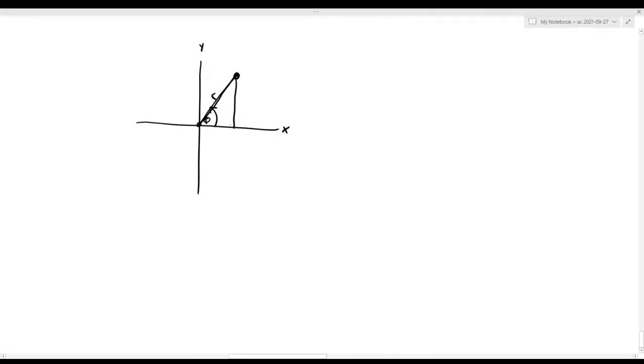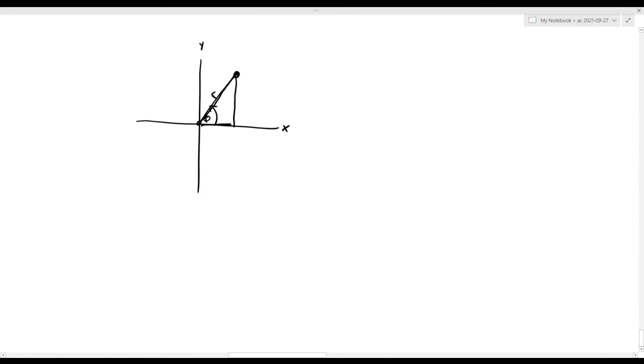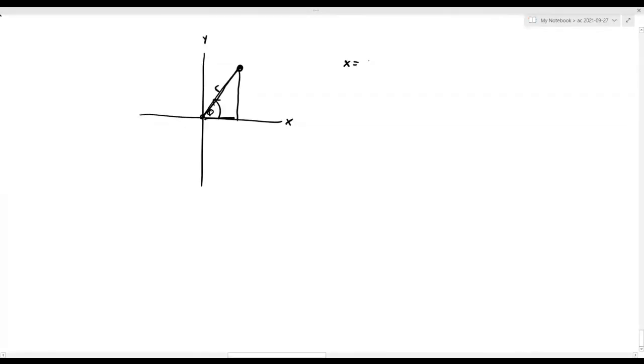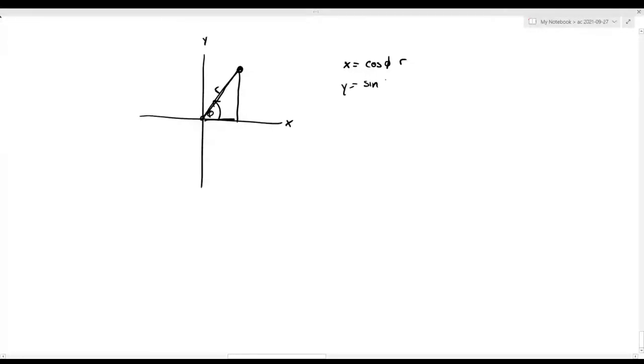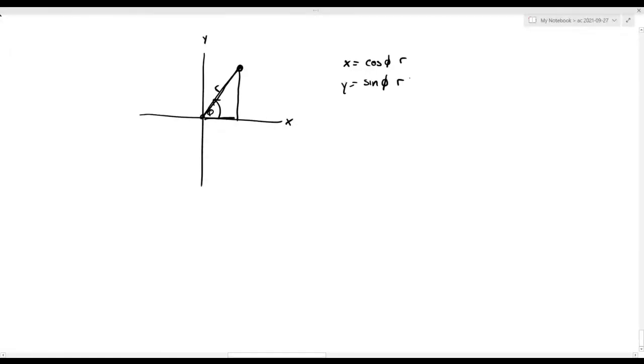So what would the x and the y components be of that point? Well, x would be the cosine of phi times r, and y would be sine of phi times r, for phi between 0 and 2 pi.